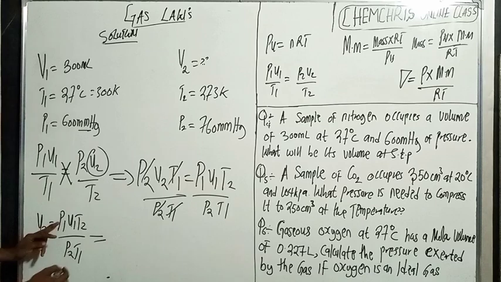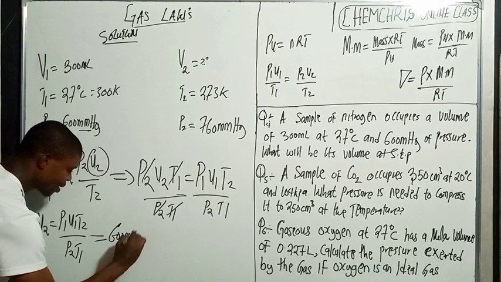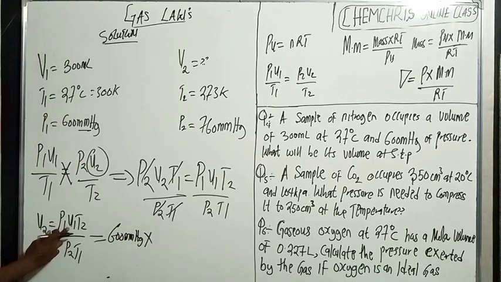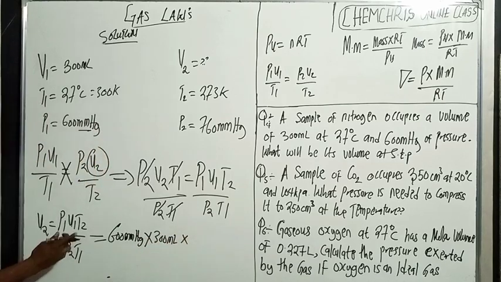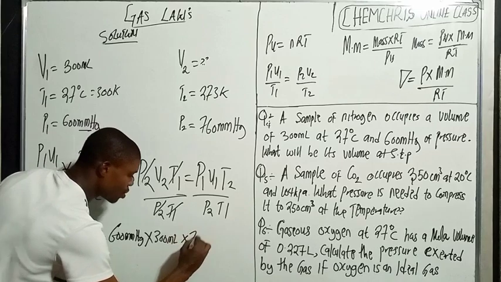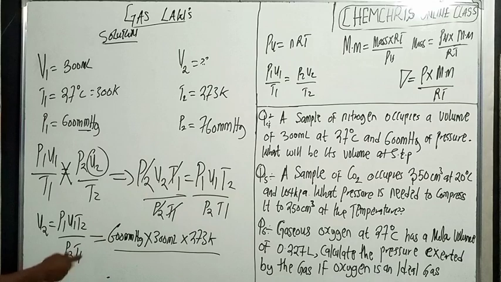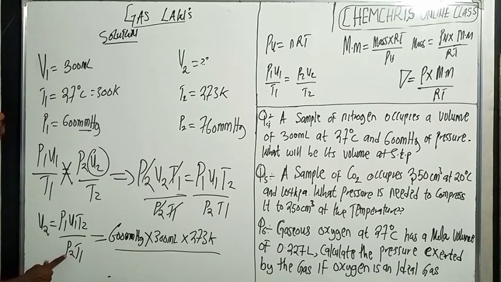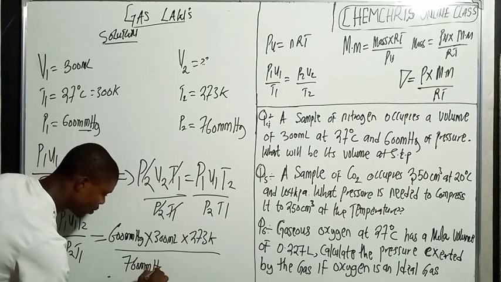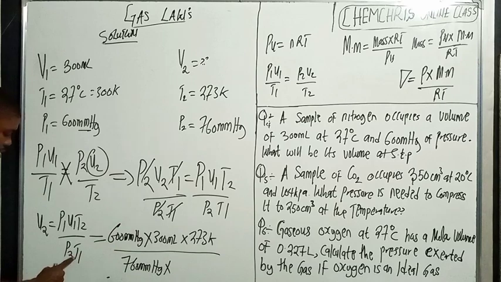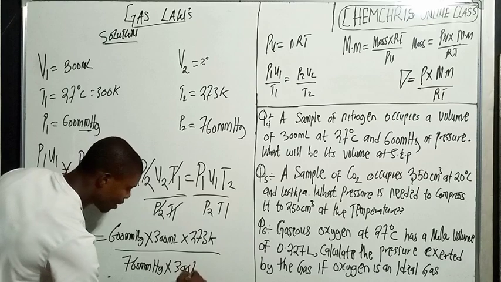Now put in your values. P1 is 600 millimeter mercury times V1, 300 ml, times T2, 273 Kelvin, over P2, 760 millimeter mercury, times T1, 300 Kelvin, right?